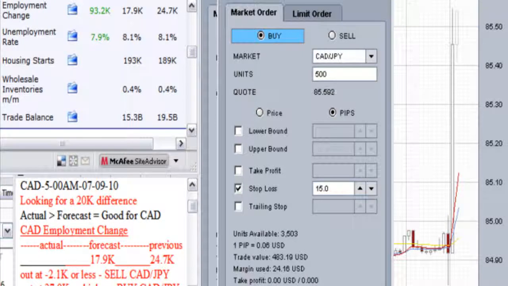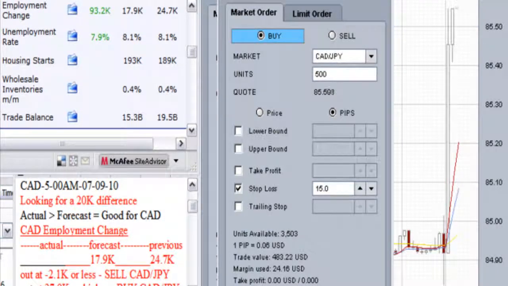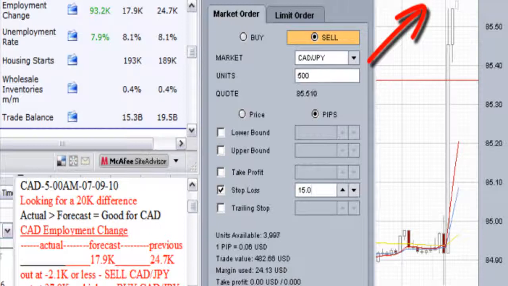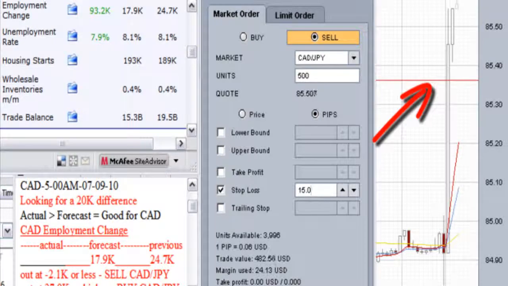Believing the market is moving just as I thought it would, I have entered my first and only buy trade for this report. In this video, the market has moved out of visibility, but will be shown in a few moments and in the charts. Here is the stop loss line.